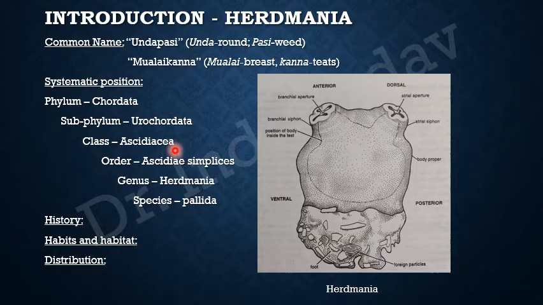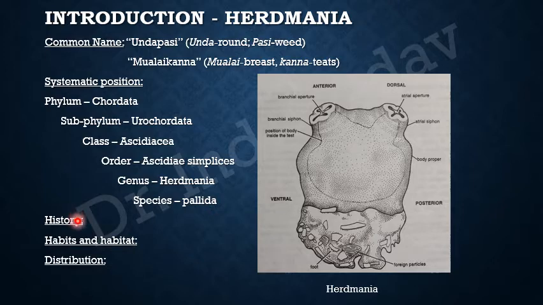So this is how we are doing all the protochordates, representing each of its classes by different animals, and the maximum number of animals we've done is from class Thaliacea. So here we are doing class Ascidiacea, and the animal included in it is Herdmania pallida.